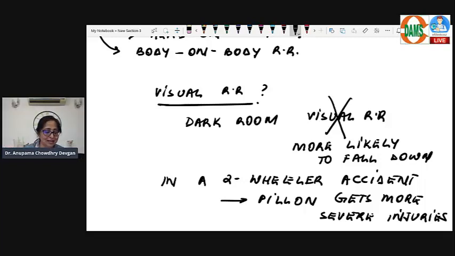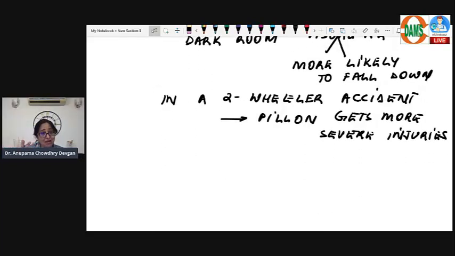Visual righting reflex. Okay? In fact, if you look at all motorcycles, the rear seat is always a little elevated, isn't it? If you look at a good motorcycle, the rear seat is always slightly elevated.